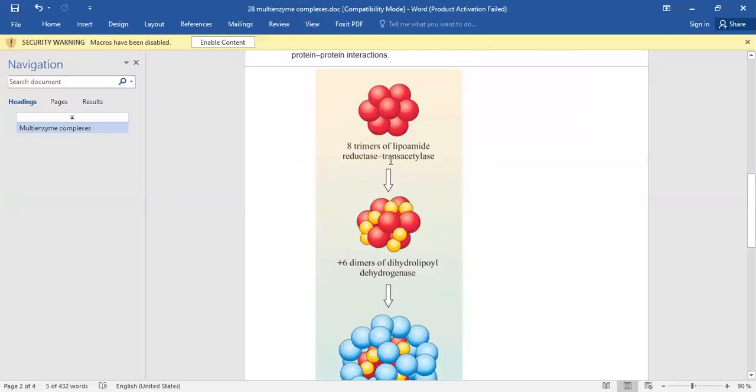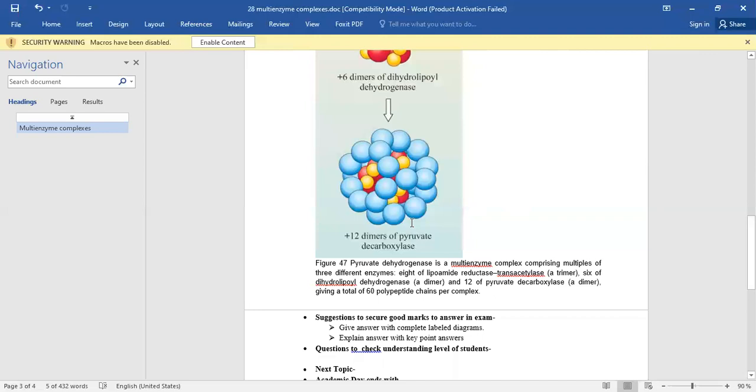Okay, eight trimers of lipoamide reductase transacetylase will mix together with six trimers of dihydrolipoyl dehydrogenase. So here we can see the red and yellow colors are different enzyme groups.